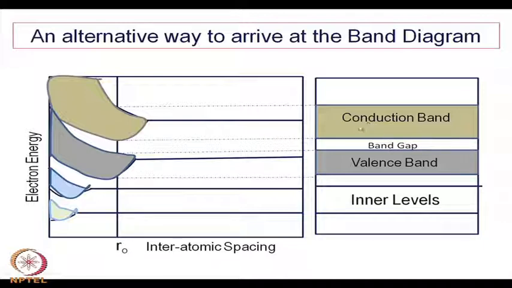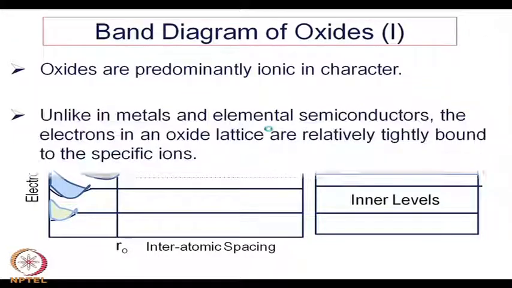So, this is another approach which we can take while visualizing the band energy of a system. This becomes quite useful, particularly when we are talking about ionic solids like ceramics and oxides.